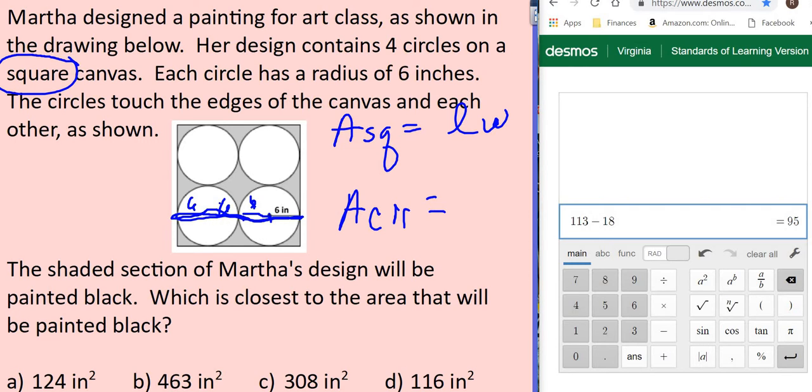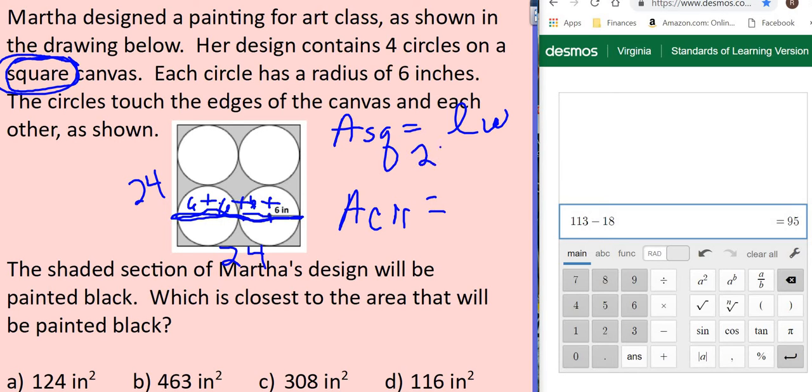So if you add them all up, 6 plus 6 plus 6 plus 6, you get 24. So that means this is 24. If you did the same thing going the other direction, that side is also 24. That's why being told that it was a square was very important.